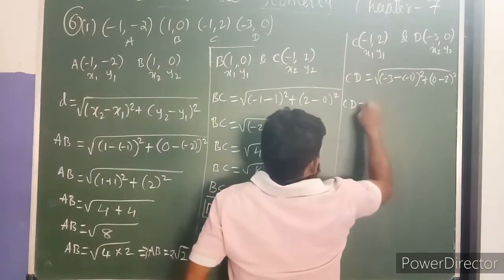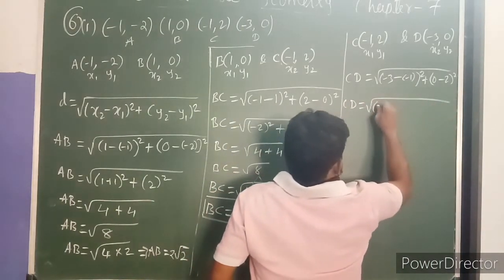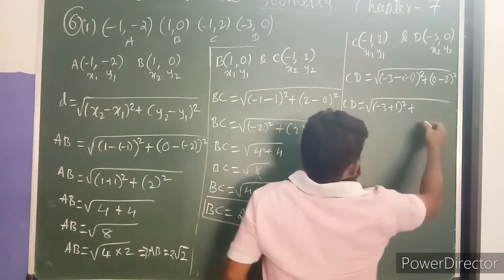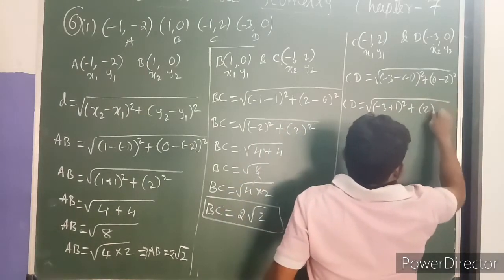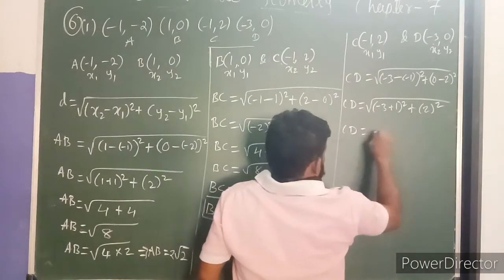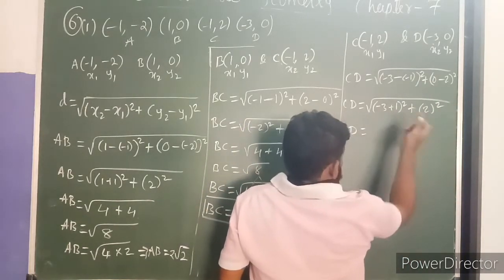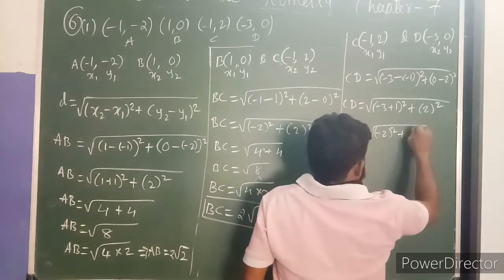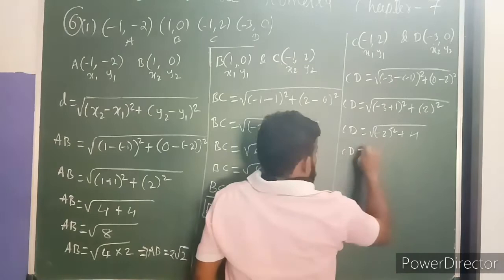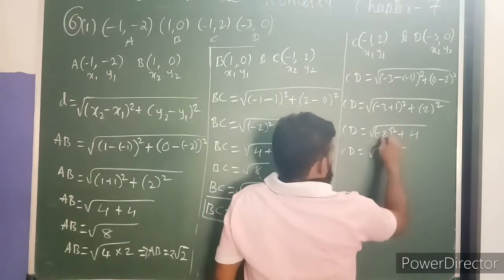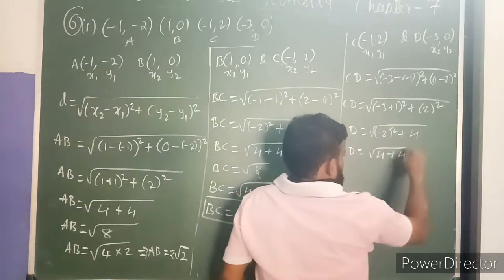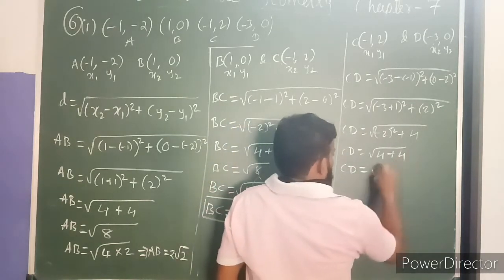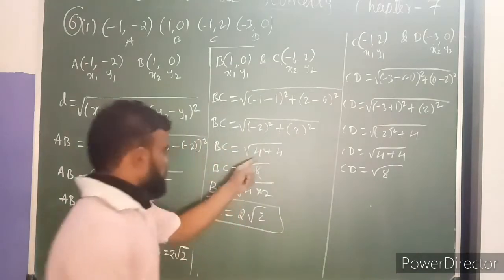CD is equal to under root of (minus 3 plus 1) whole square plus (0 minus 2), that is minus 2, whole square. Minus 3 plus 1 is minus 2, whole square is 4, and 2 square is 4. So CD is equal to 4 plus 4, we got the same 8.